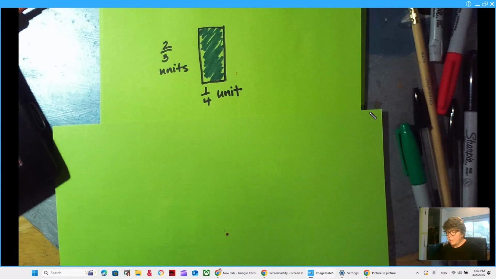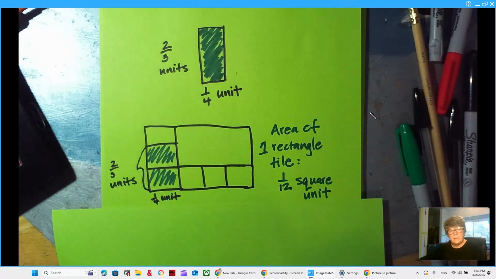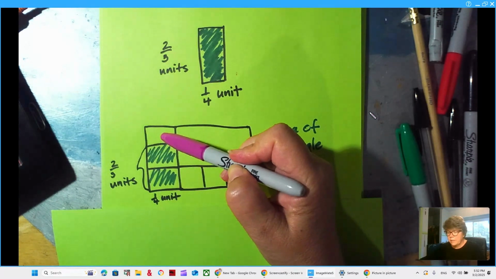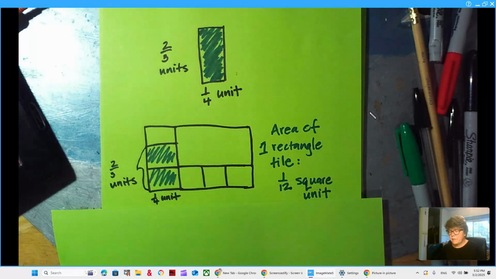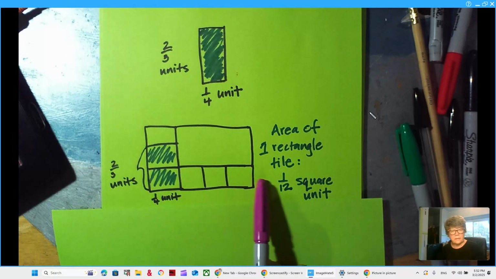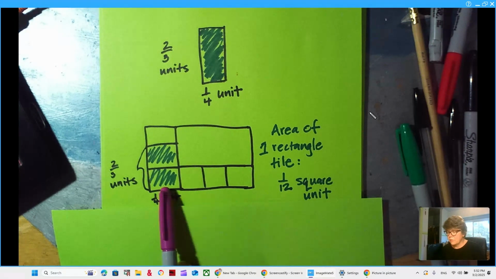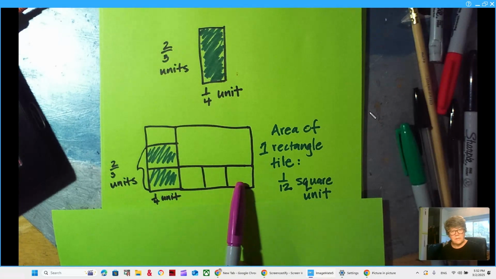2/3. So if we have 2/3, then we know that there's another third missing, right? So we're going to draw that part up here, 2/3. And then if this is 1/4, then I know there's more parts there, right? So we're going to have 1, 2, 3, 4 parts there.